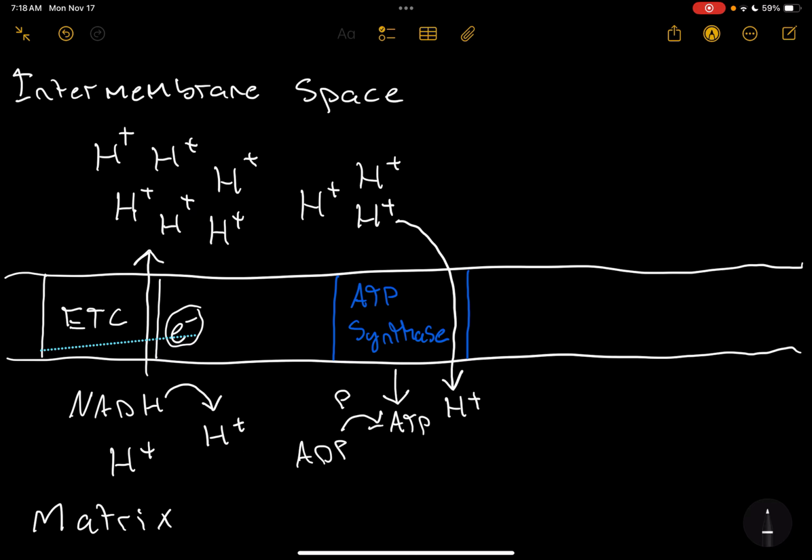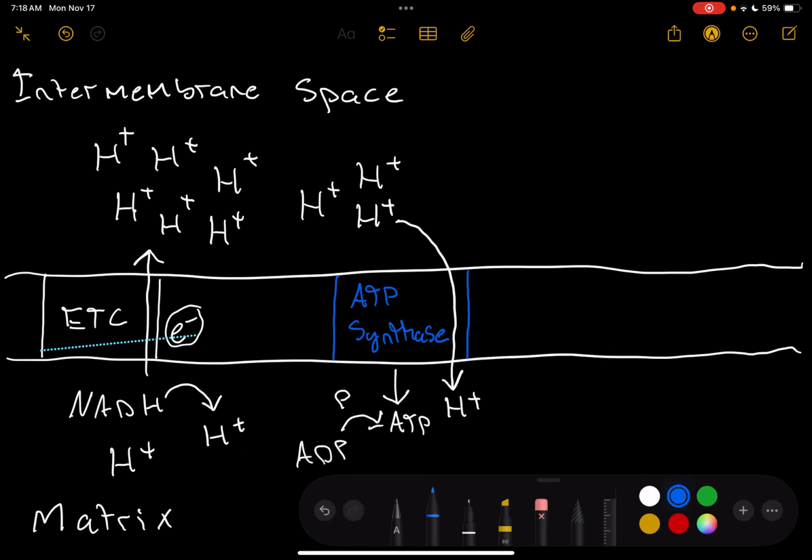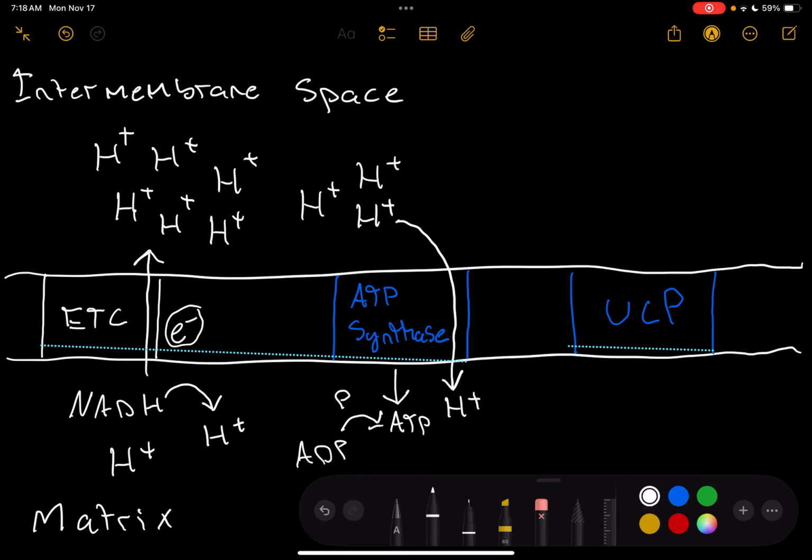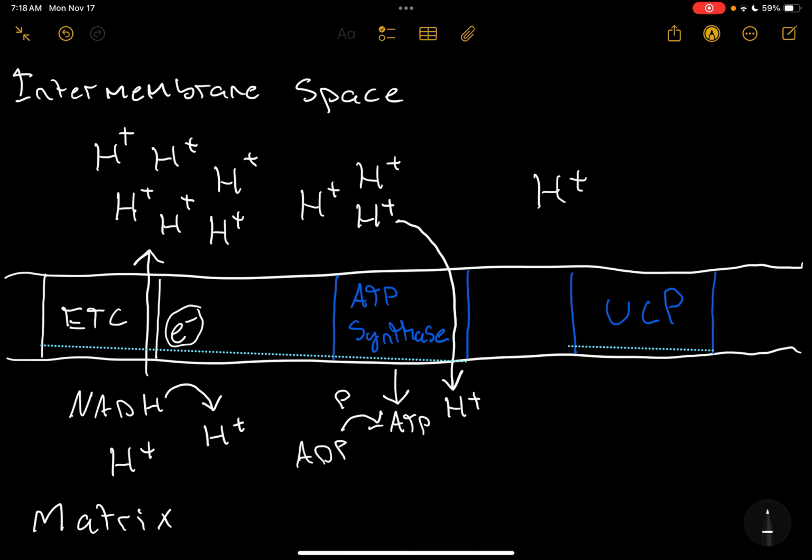However, in brown fat, we do have ATP synthase, but we have another enzyme here. This other enzyme is called UCP, which stands for uncoupling protein. The protons have multiple options.